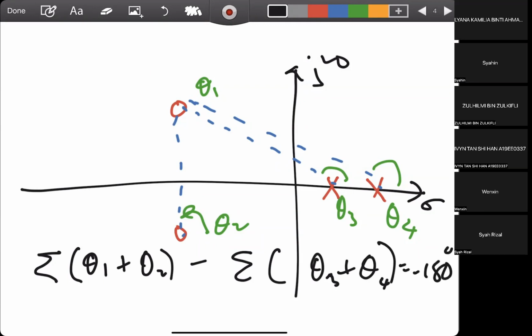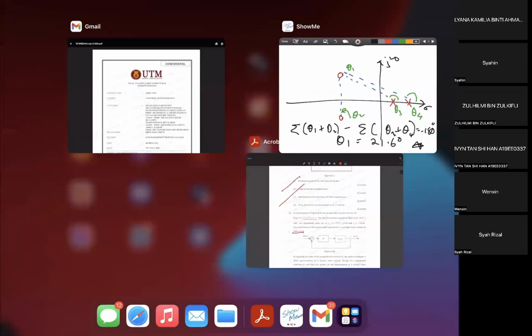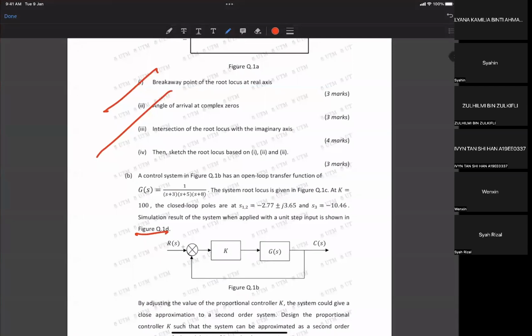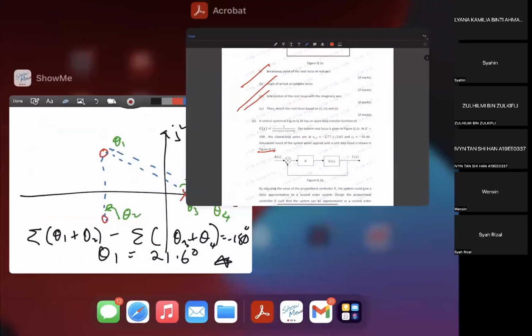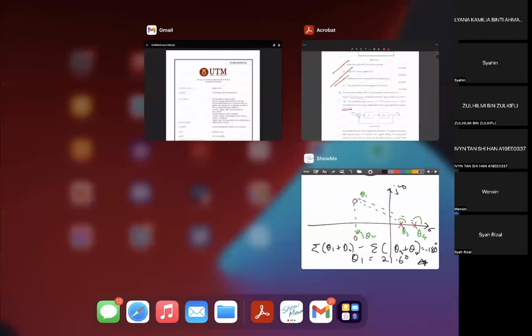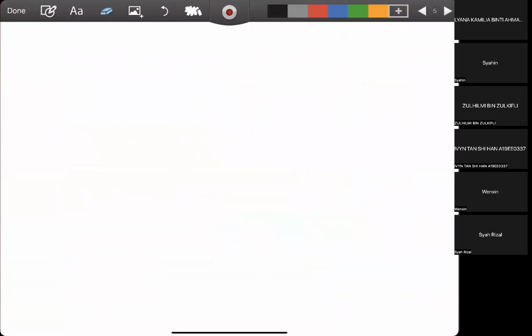Okay. So theta 1 will be 21.6 degrees. Later you calculate again, use inverse tangent and so on. Then intersection of the root locus with the imaginary axis. Use what?